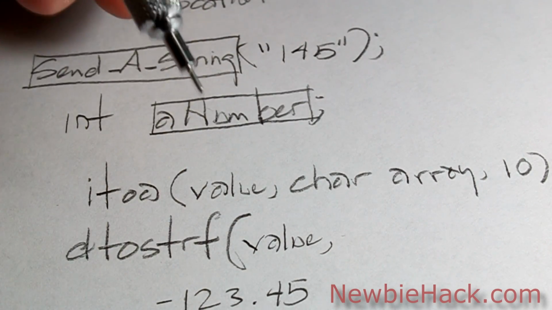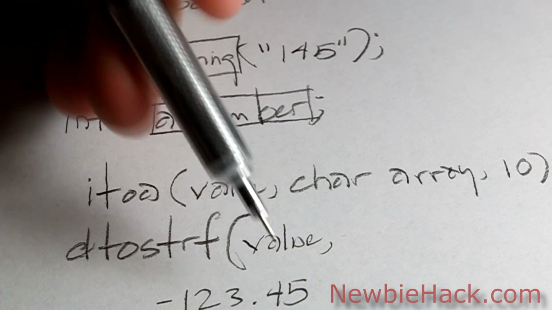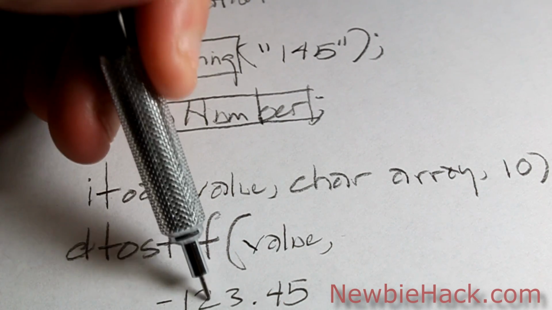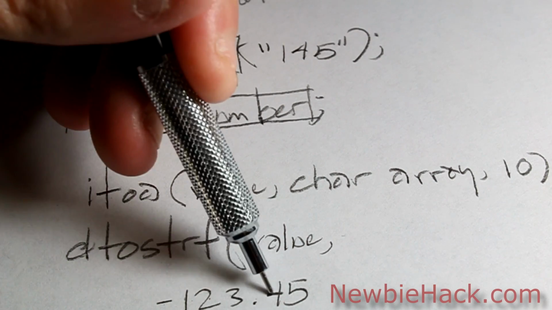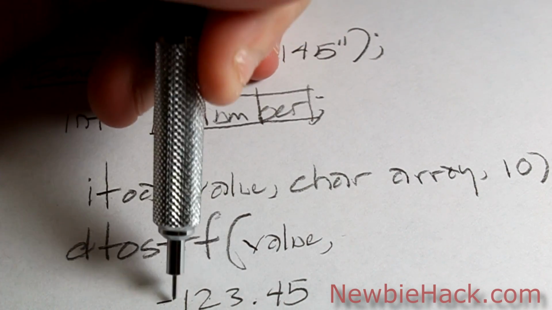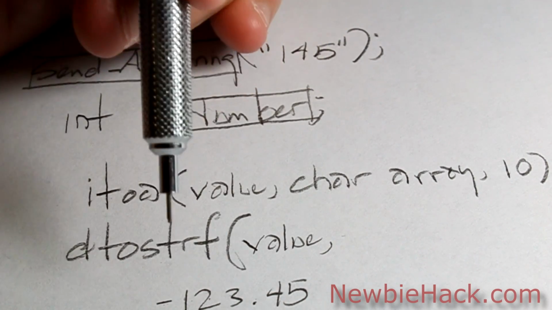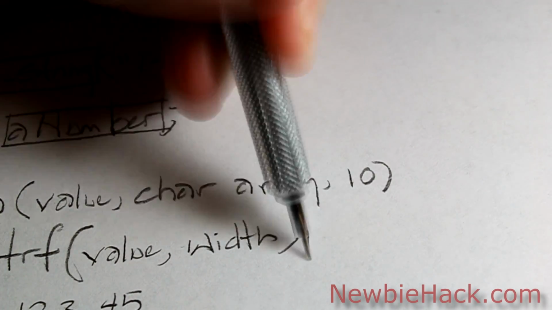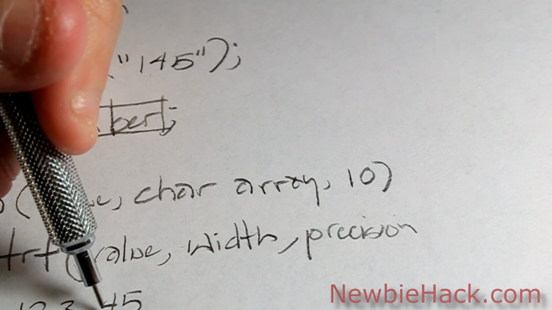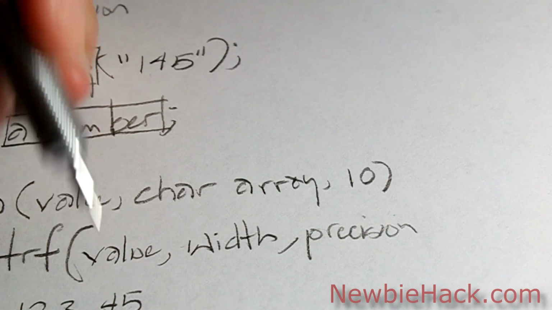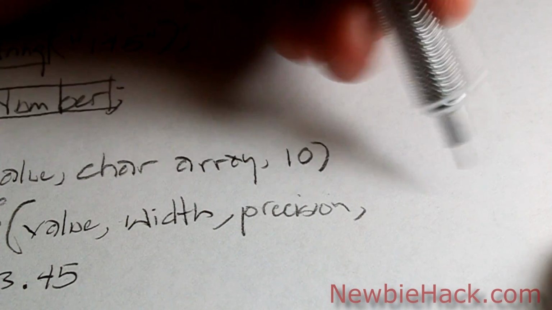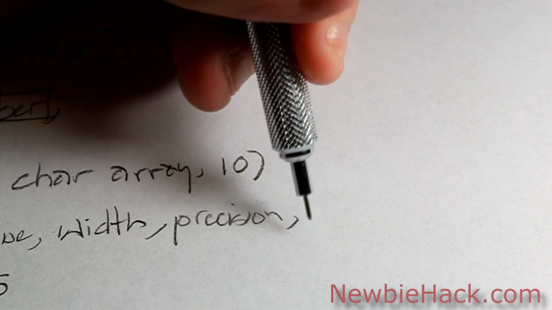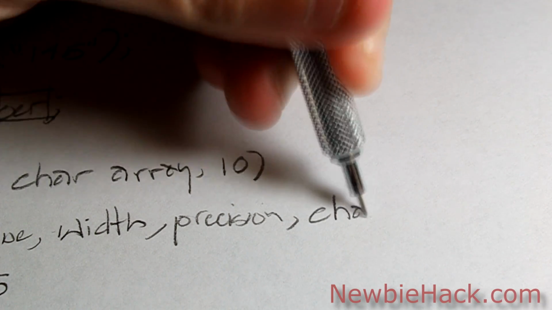And there could be a negative or not a negative here. The width of this number would be 1, 2, 3, 4, 5, 6, 7. So that would be a 7-digit number, which includes the negative sign. The next argument is precision. And that's just the number of decimal places after the point. And the last one is the character array, where the number will be stored in the string.